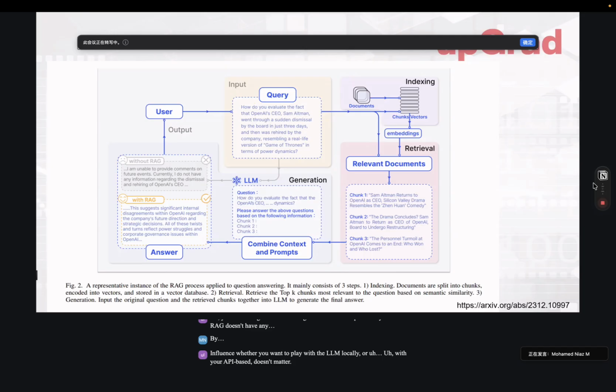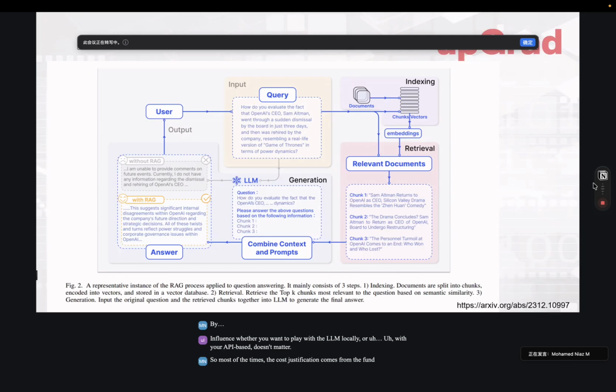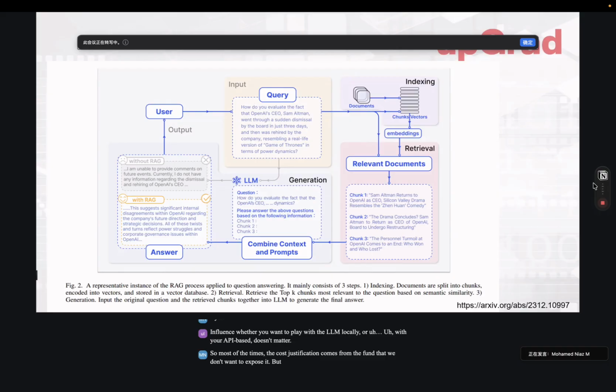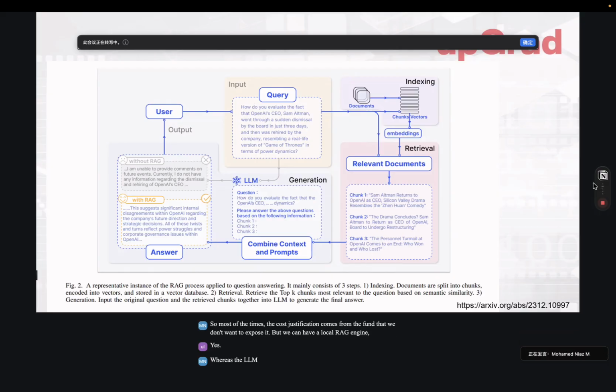Most of the time the cost justification comes from not wanting to expose data, but we can have a local RAG engine whereas the LLM could be hosted anywhere. No problem on that. At the start of the lecture I mentioned Llama for localized execution. DeepSeek and a few GPT models can also go local, as can Qwen and Mistral.